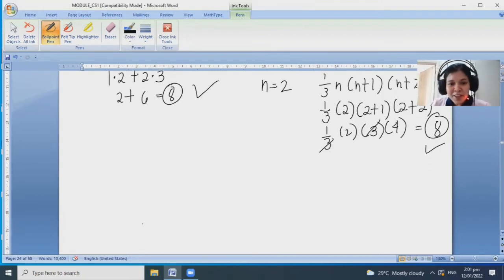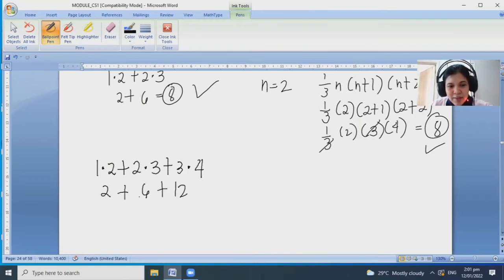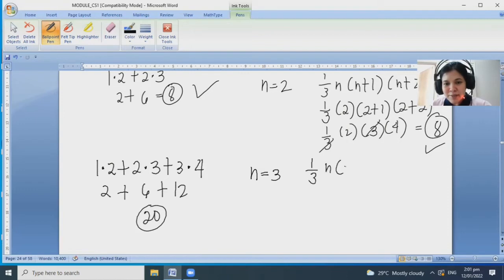If you really want to verify that it is correct, then add one more to our series: 1 times 2 plus 2 times 3 plus 3 times 4. So we have 2 here, we have 6, we have 12. As you add them all together, we have how many? 20. Then applying the formula, we have here 3 numbers in our series: 1/3 times n plus 1 times n plus 2.